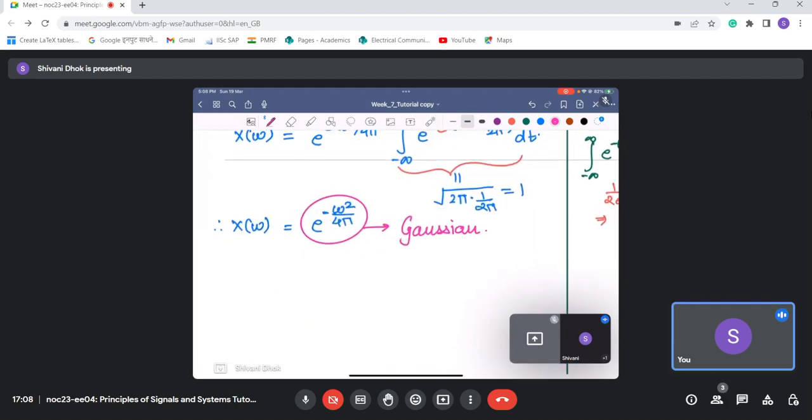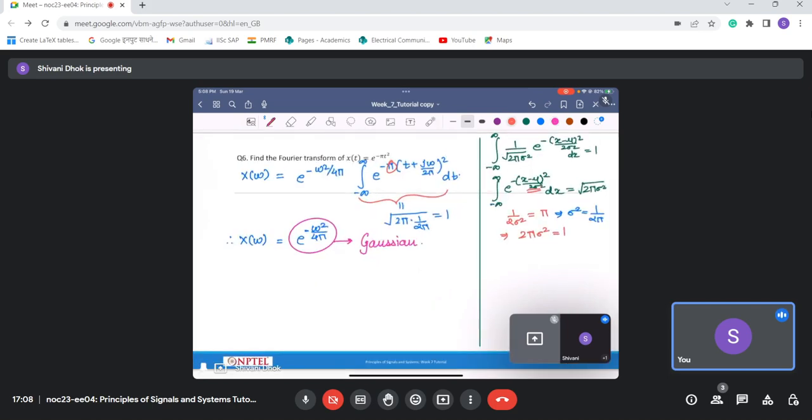Let's try to extend this a little bit further. This omega is basically some sort of angular frequency, so this is basically radian per second. What we can do is this: 2 pi f is equal to omega, where f is frequency in hertz.